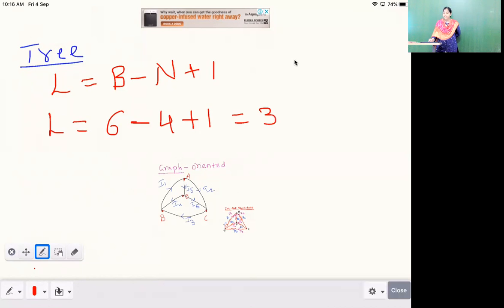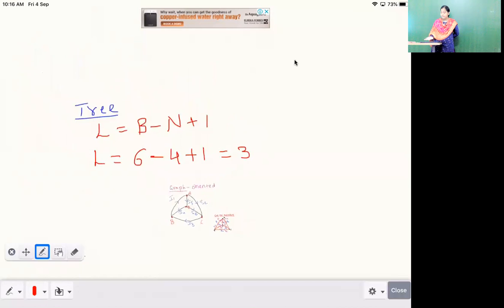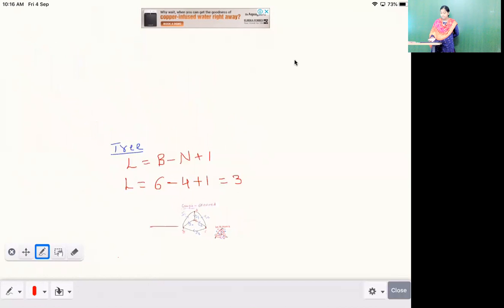That means, as we already know, the total number of links is nothing but the total number of loops which are present in the circuit, right? So now based on this, let us draw a tree. Okay, now in order to draw the tree here, so what I have to do now?